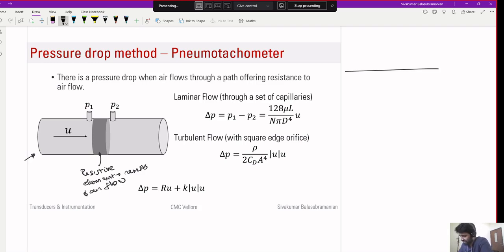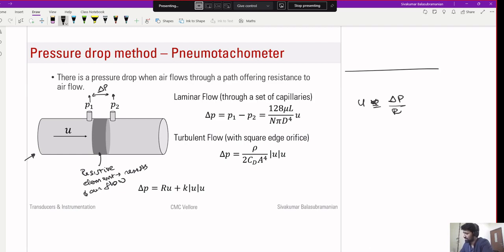Okay. If that is the case, when you introduce a resistive element here, and if you monitor the pressure of the fluid on either side of your resistive element, there will be a drop. And if you know the resistance offered by this resistive element and you know the pressure drop, then your flow is proportional to drop in pressure.